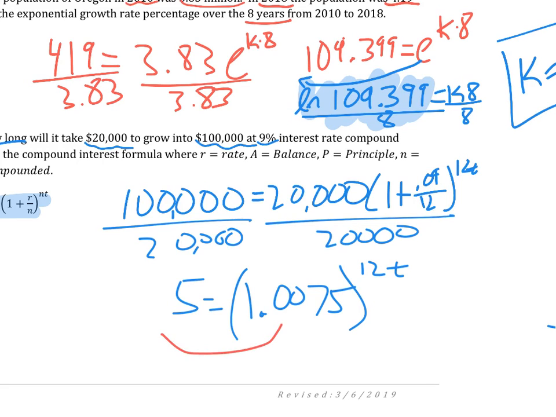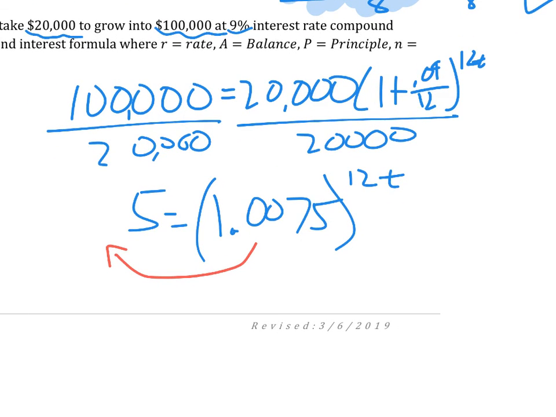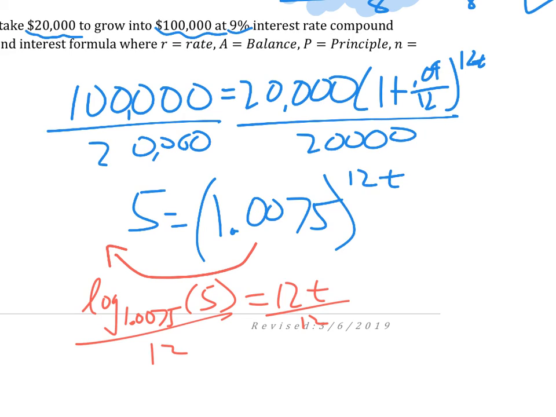It's an exponential function now, so we need to change it to a logarithmic function, and that's going to be our base. We're going to have log base 1.0075 of 5 equals 12t. That feels a little weird, but that works. Now we need to divide by 12. To do this, let's use natural log: the natural log of 5 divided by the natural log of 1.0075.